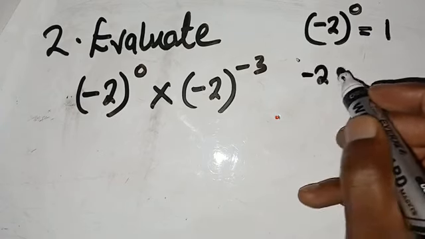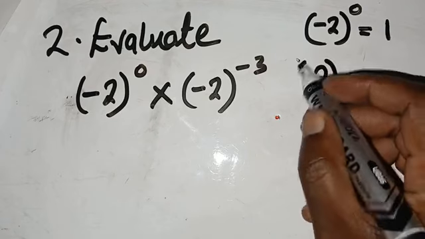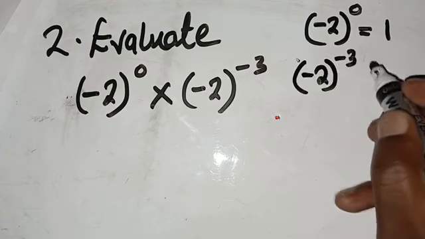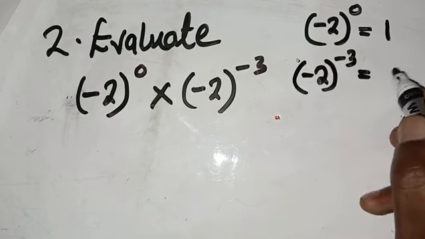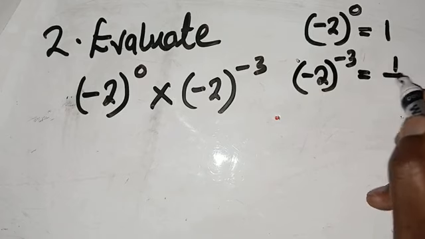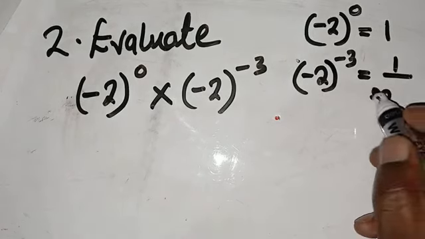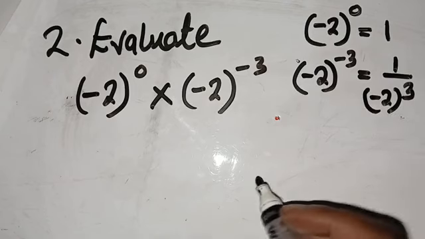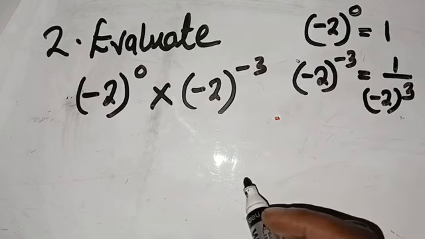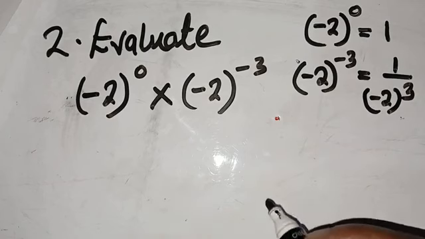Then -2 to the power -3. This is going to be, remember, we need to put a 1 over, then now -2, and then 3, like this. Do you get that, ladies and gentlemen?